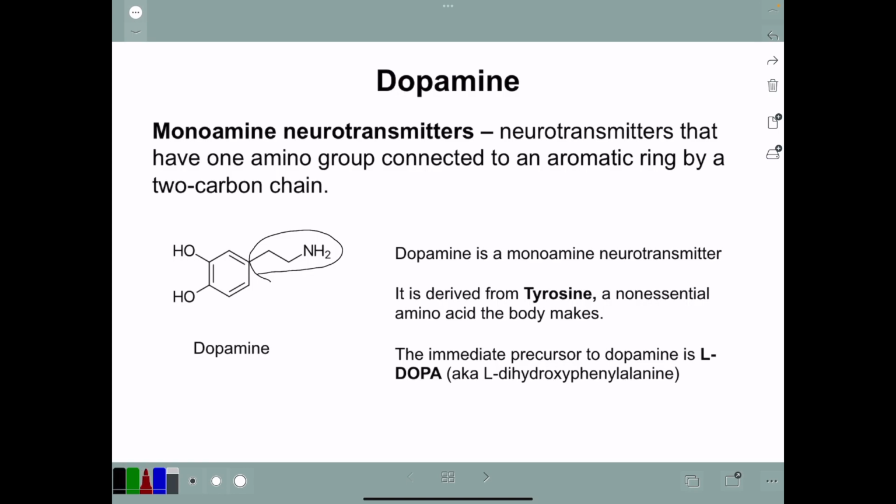I'm going to do a little color coding here. And this is why amine is in the name dopamine. This also has this structure here, and we call this structure a catechol ring.